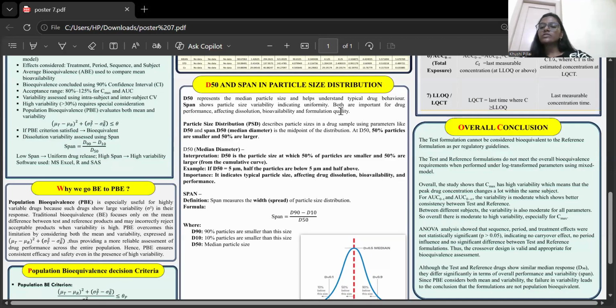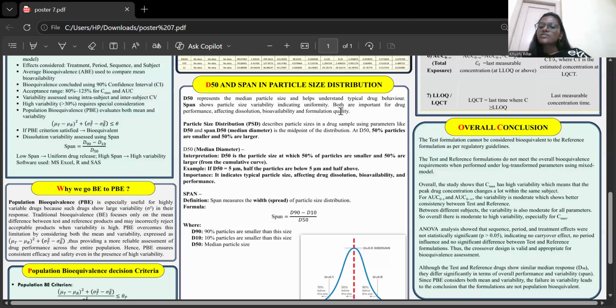Overall, the study shows that Cmax has high variability, which means that peak drug concentration changes a lot within the same subject. For AUC 0 to T and AUC 0 to infinity, the variability is moderate, which shows better consistency between test and reference. Between different subjects, the variability is also moderate for all parameters. So overall, there is moderate to high variability, especially for Cmax.